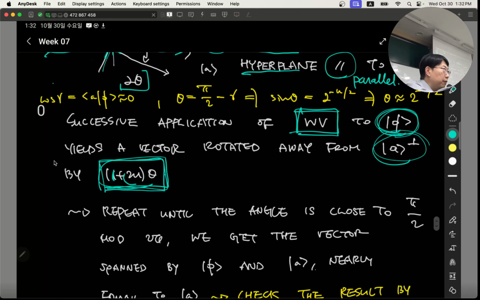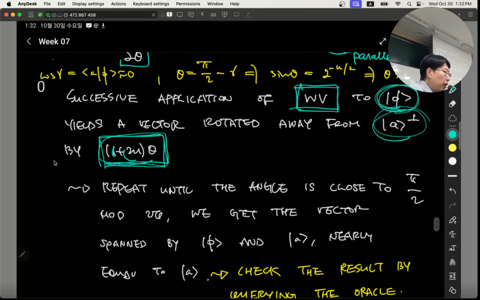Okay, so the phi is not phi anymore. Ket phi is changed to something different. What we want is to apply it so that the angle is close to pi over 2. Why? Because then we know that ket phi is almost equal to A. We want to get almost equal to A. So how do we guarantee that?